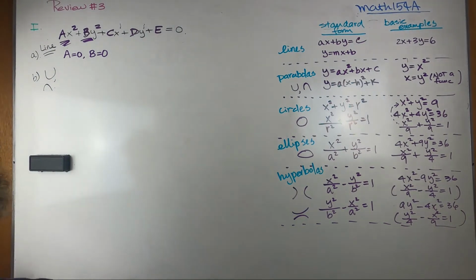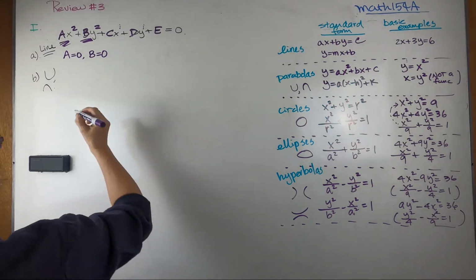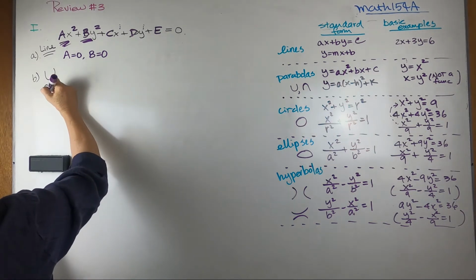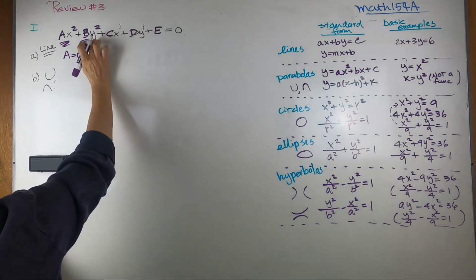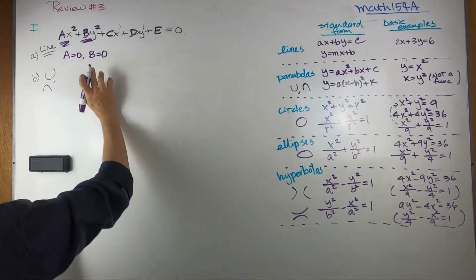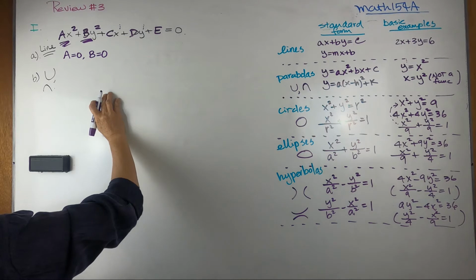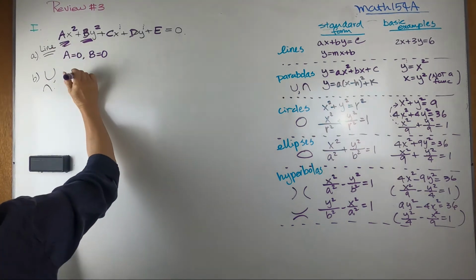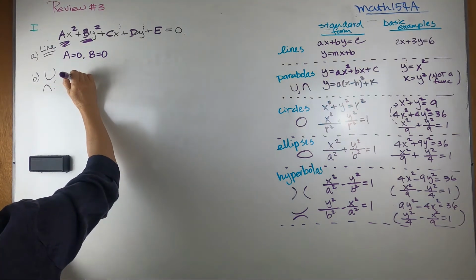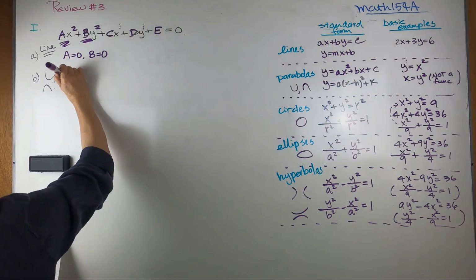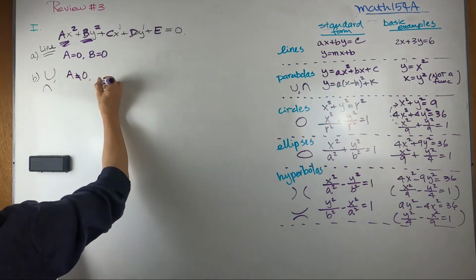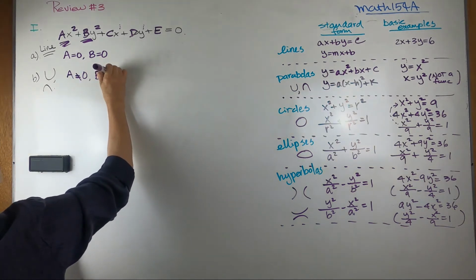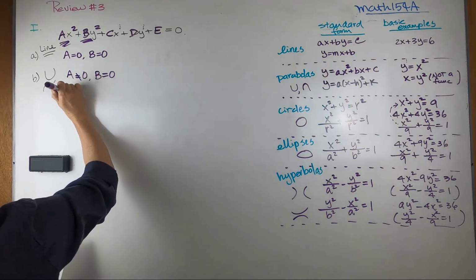So what happened? If up and down, right, that would be what? There is no y squared. Only has x squared, right? So it means what? A has to be not 0, B has to be 0, okay?